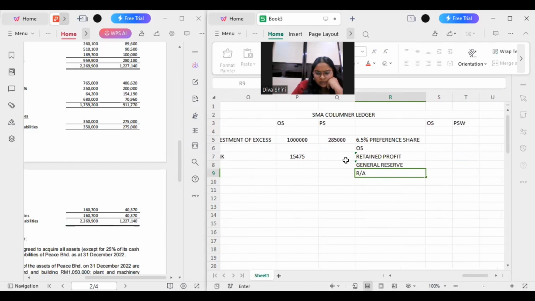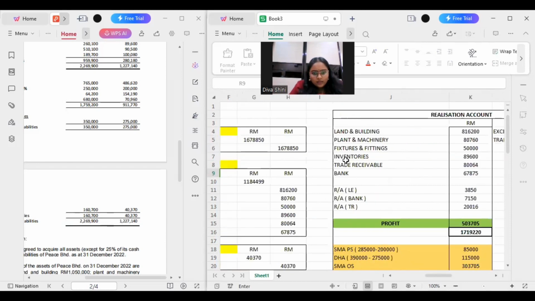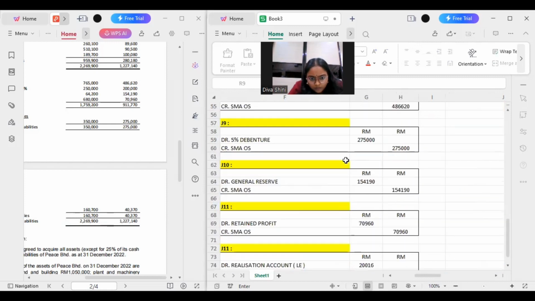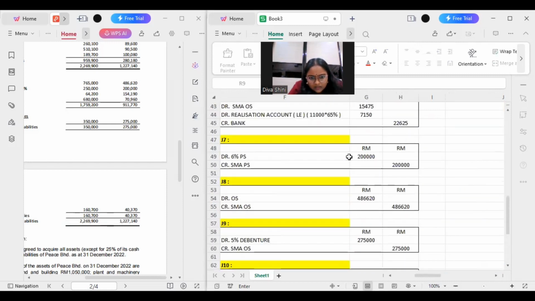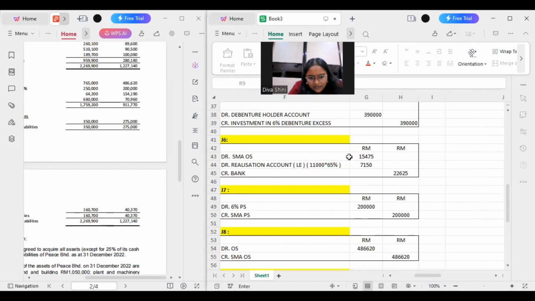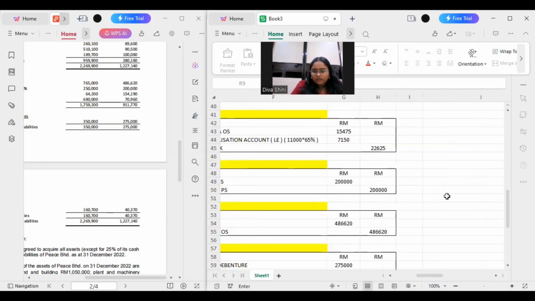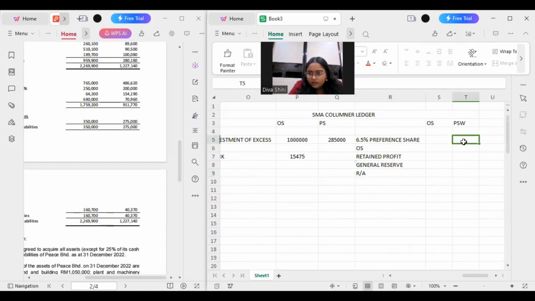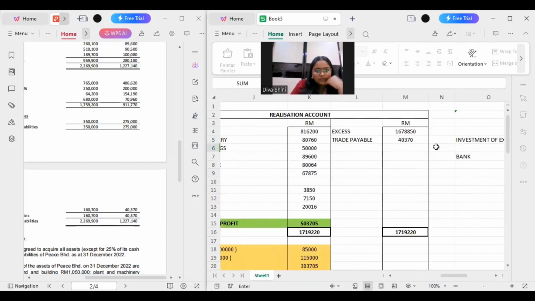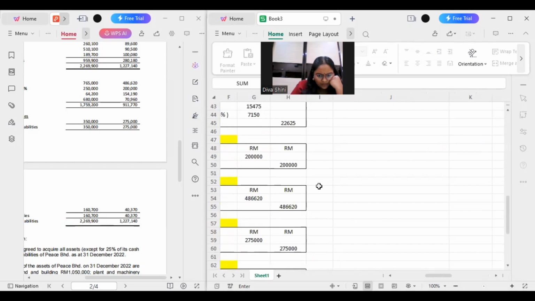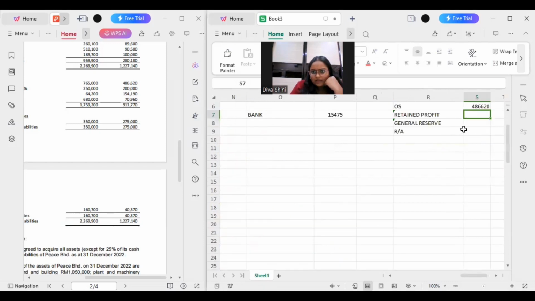This preference share we need to take from journal 7, 8 until 12. So 200,000 in PS. Ordinary share is 886.